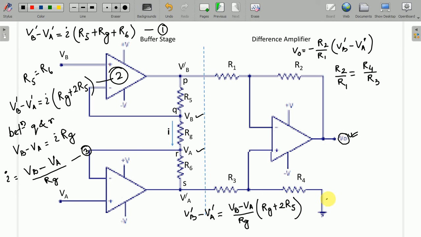This can be written as VB minus VA multiplied by 2R5 by RG plus 1.